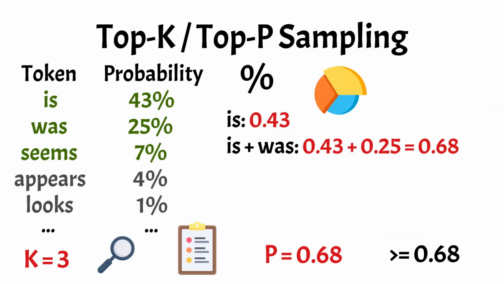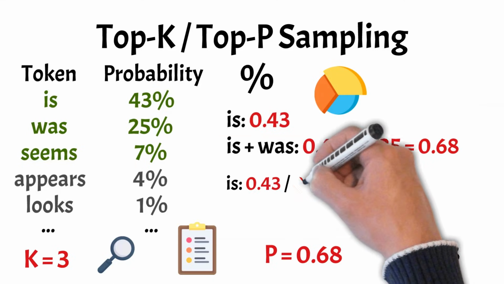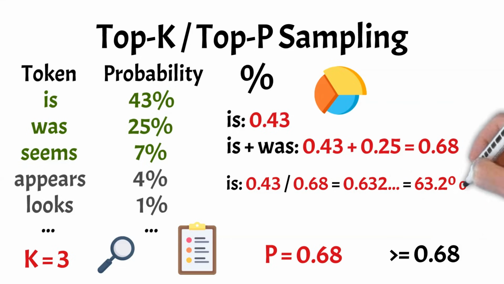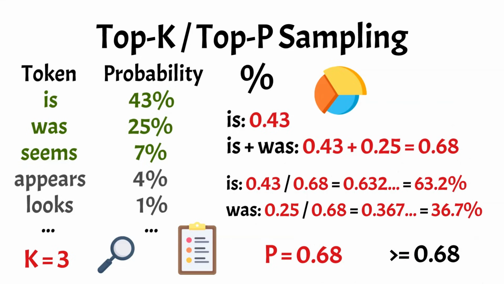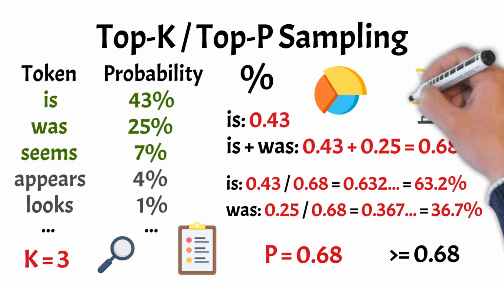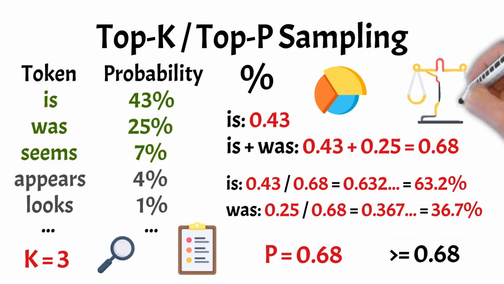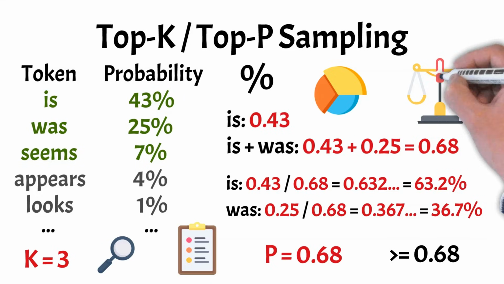Sometimes that includes only 2 tokens, sometimes several. Once this group is formed, the probabilities are renormalized and the model randomly picks from that smaller, meaningful pool. Together, temperature, top K, and top P let us tune how predictable or creative the model's responses feel by shaping both the spread of the probabilities and the pool of tokens the model is allowed to choose from.